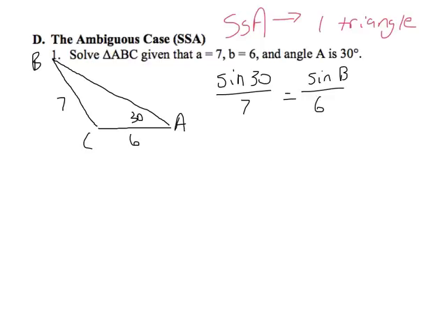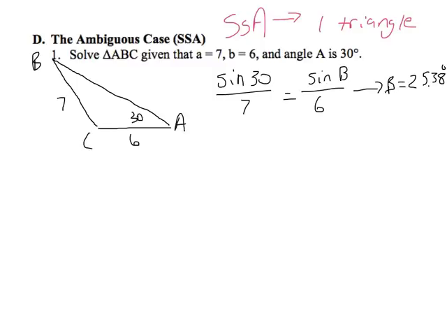If I cross multiply and divide and then take the inverse sine of that answer, as we've gone through earlier today, I would get 25.38 for angle B.